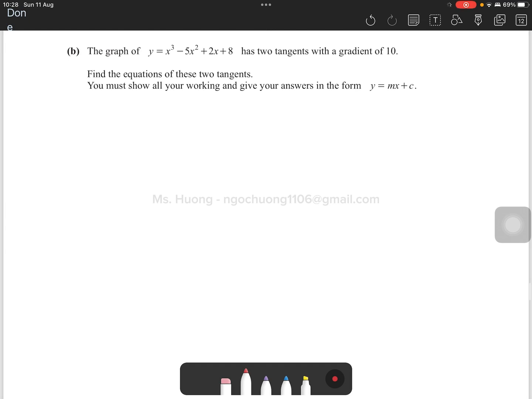Question B. The graph of y equals x cubed minus 5x squared plus 2x plus 8 has two tangents of gradient 10. So we find the equation of these two tangents. You know that to find the gradient of the tangent, we need to find the derivative of the graph, which means the derivative of x cubed is 3x squared.